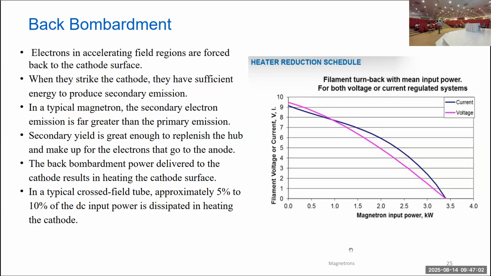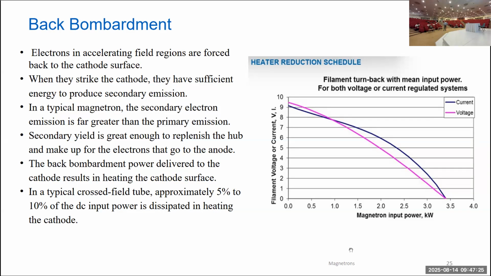Can we use some kind of material with reduced secondary emission? Here, I think secondary emission is not a problem. Your main purpose is to produce electrons. You said back bombardment is a problem because you are dissipating your kinetic and potential energy in the form of heat.